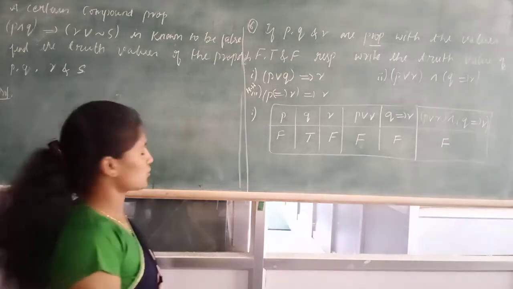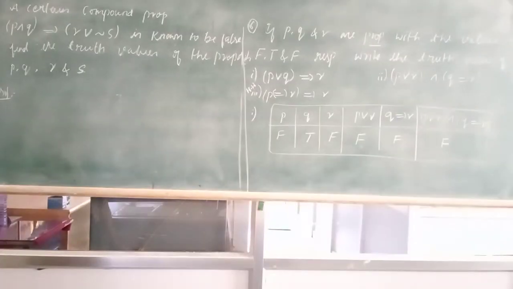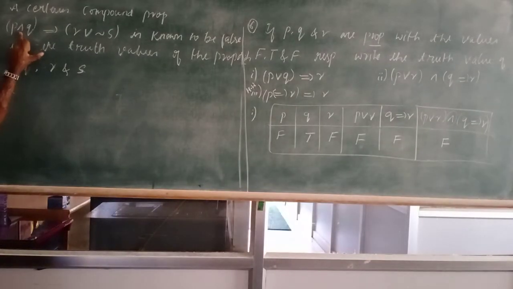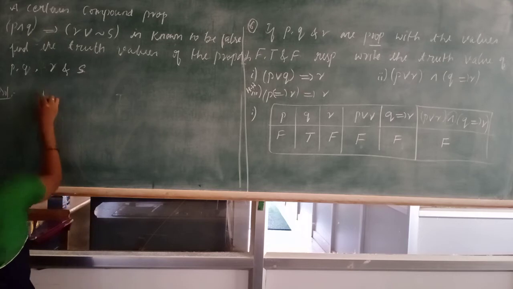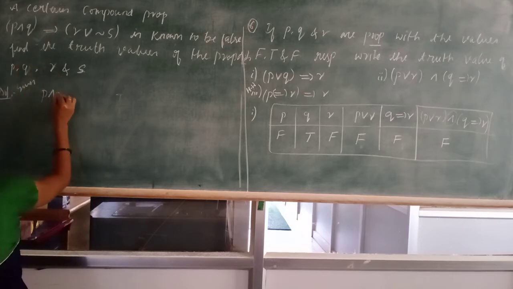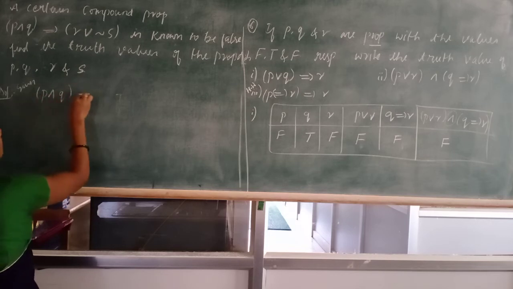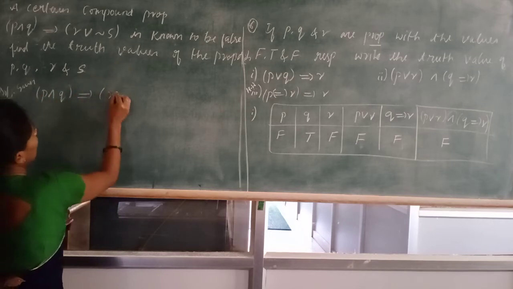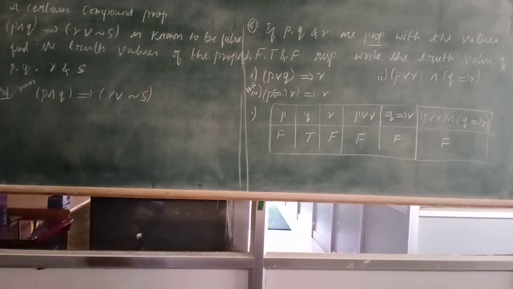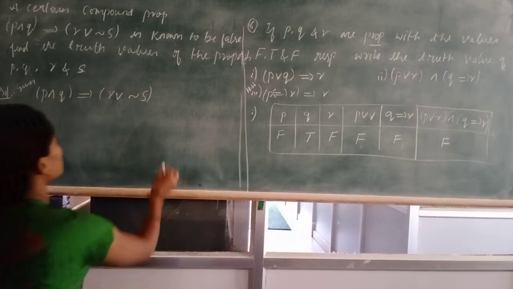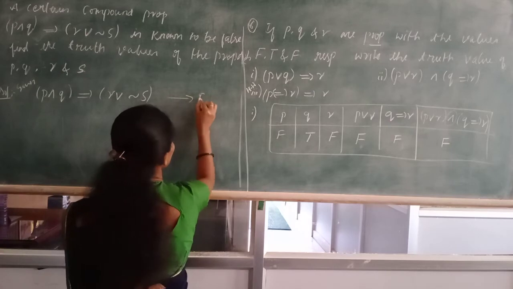So first observe, here is the implication statement. In implication statement, first look for it. P and Q implies R negation S. It is to be false.